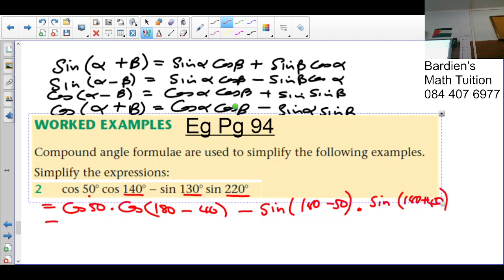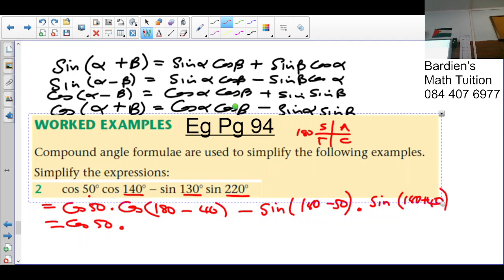So what do you notice here? It remains cos of 50 times. So the All Stations To Claremont diagram still applies, for those of you who thought, oh yes, we're in grade 12, so we can forget about this now.